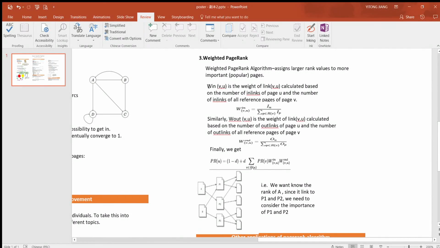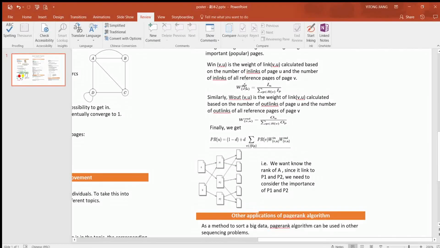Here, weight inlinks is the weight of a link calculated based on the number of in-links of page U and the number of in-links of all reference pages of page V. We have this formula.